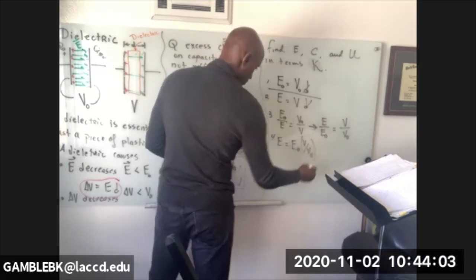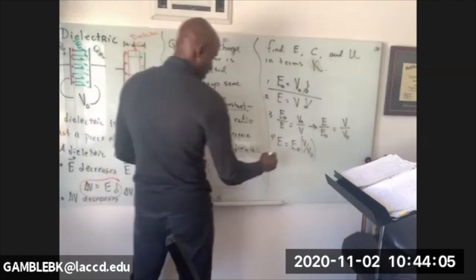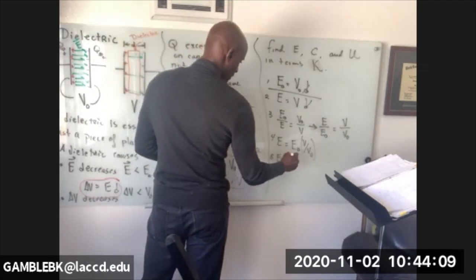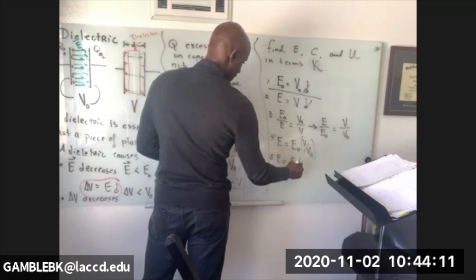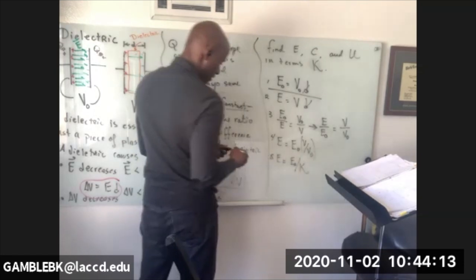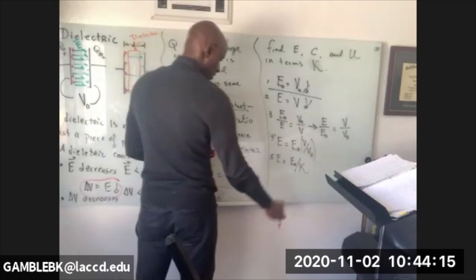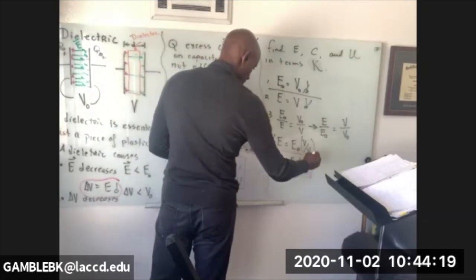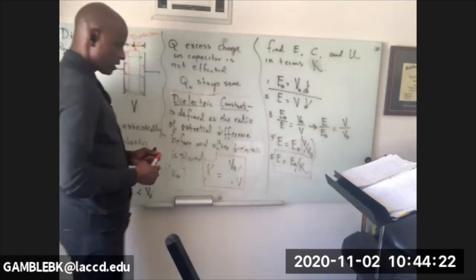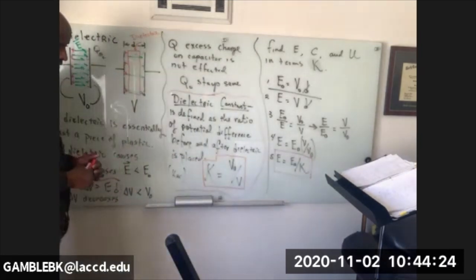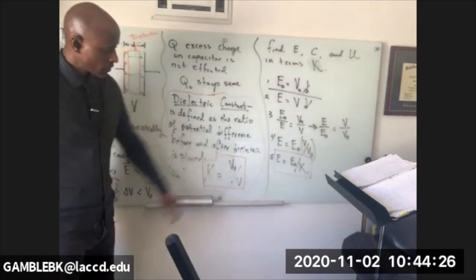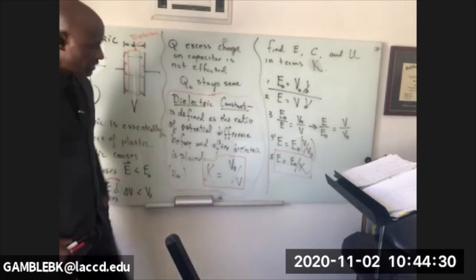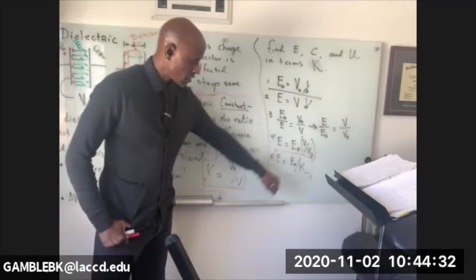But this guy is 1 over chi, so we can say that E is equal to E naught divided by chi. And chi is going to be greater than 1 because V naught is always greater than V. So that means that E is always going to be less than E naught.